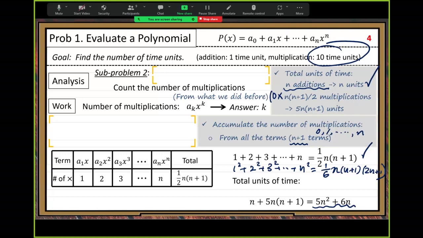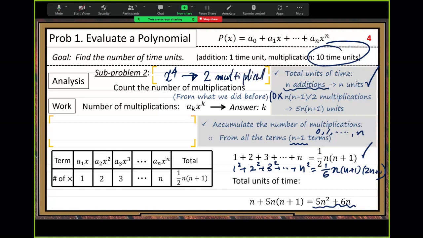Next step, we want to improve this algorithm. Last time I showed you a simple example: calculating x to the fourth, where we can use two multiplications to get the answer.